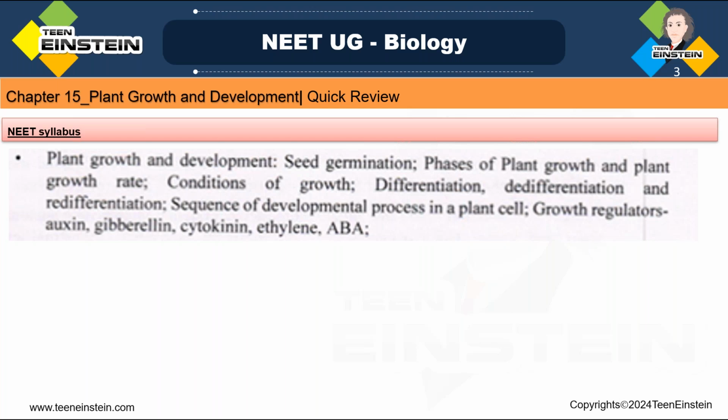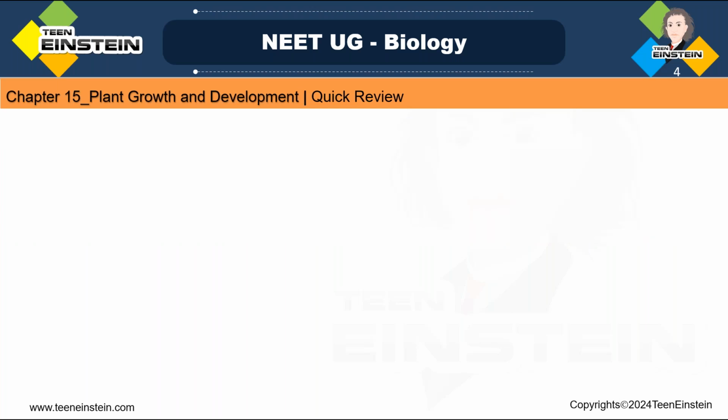Then the plant growth regulators, which include growth promoters and growth inhibitors. In the previous class we learned about seed dormancy and seed germination. So in this class we are going to learn about the plant growth regulators.